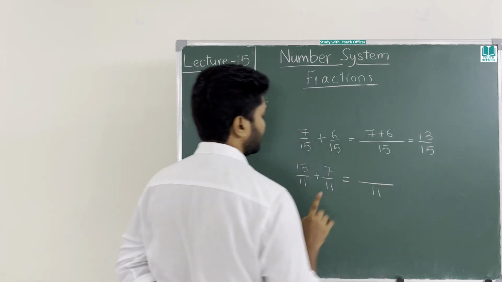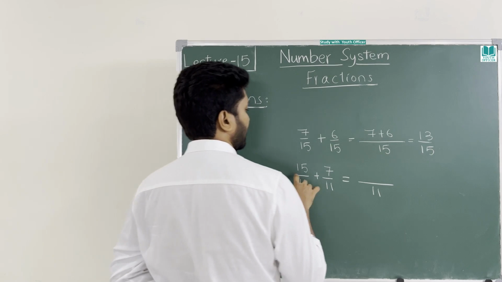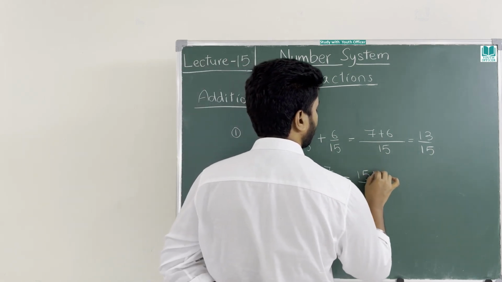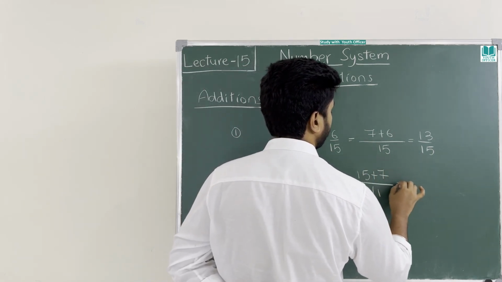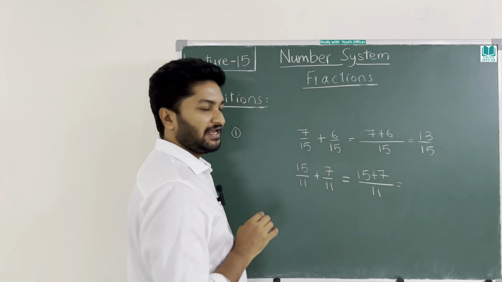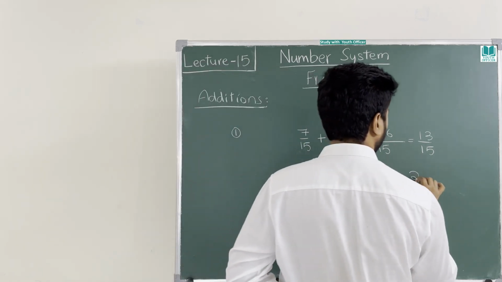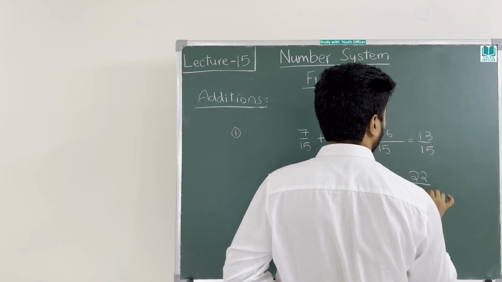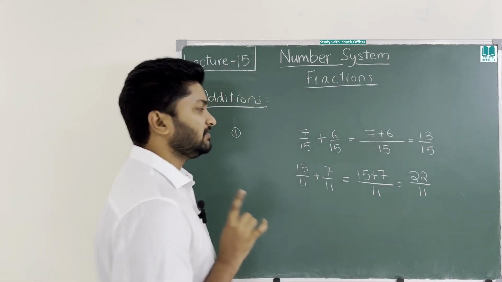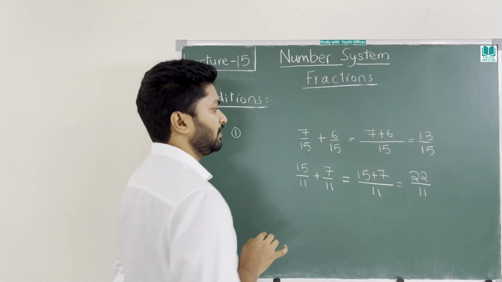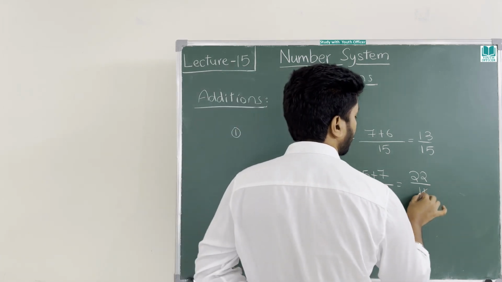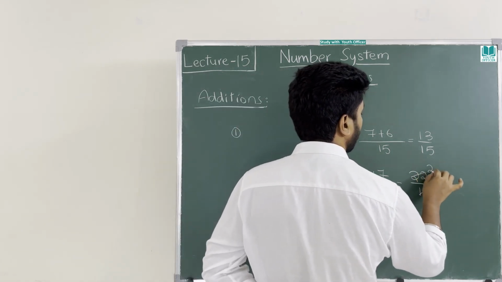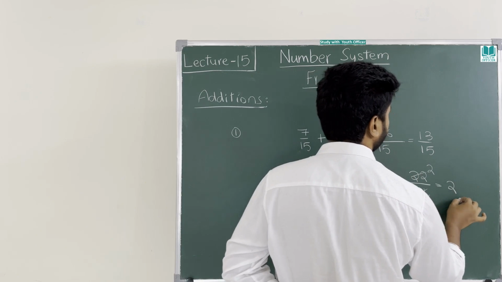As the denominators are equal, you have to add the numerators. 15 plus 7, what is 15 plus 7? 22. 22 by 11. This is not the final answer. You can cancel the 11th table one time, you can cancel 2 times. The answer is 2.